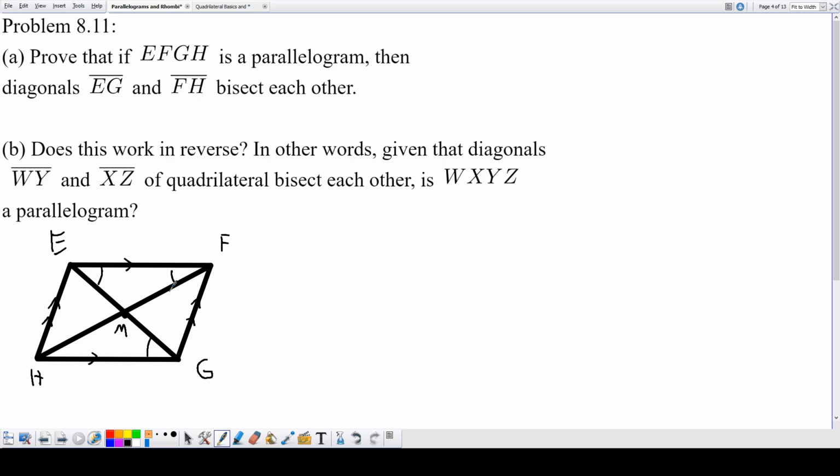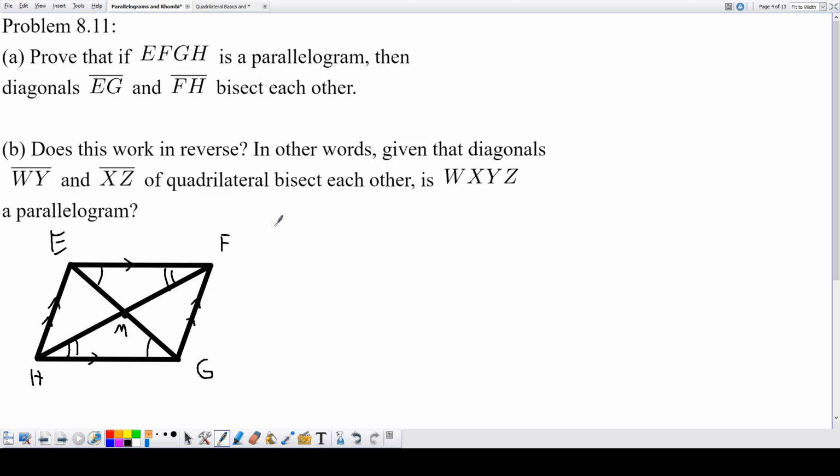Similarly, we have that EFH and FHG must be the same. And we also know from the previous problem that the opposite sides, EF and HG, must also be the same. So that gives us angle, side, angle congruence.